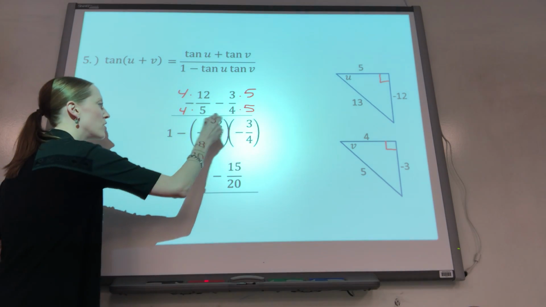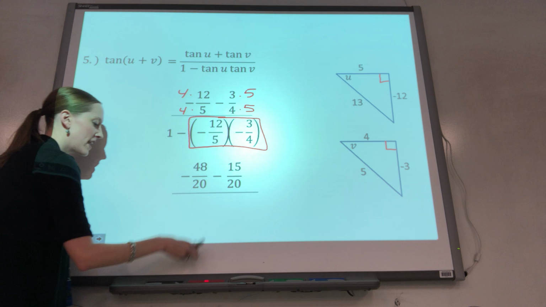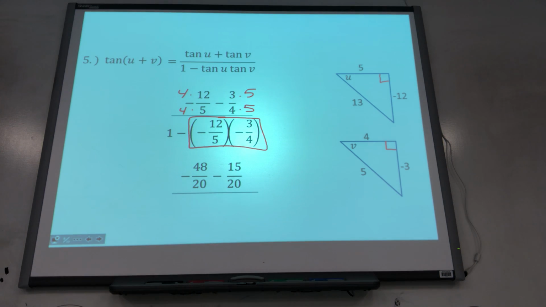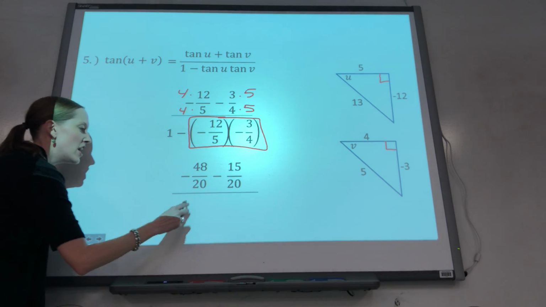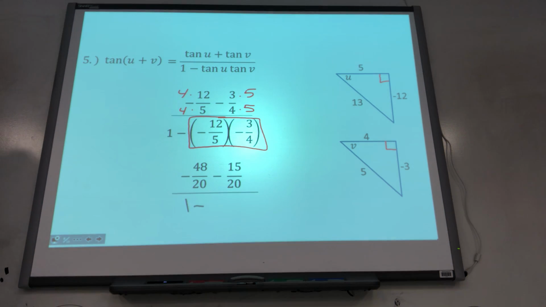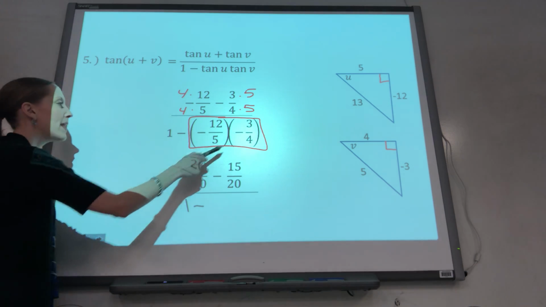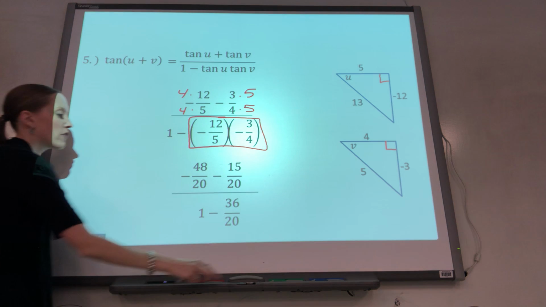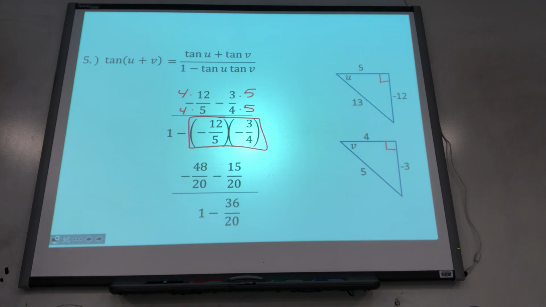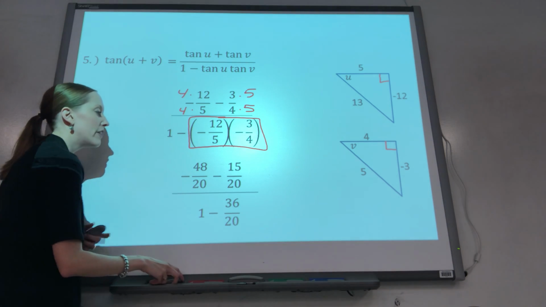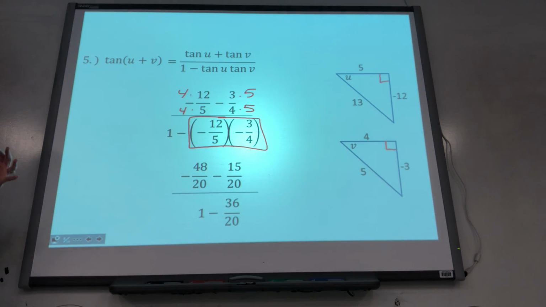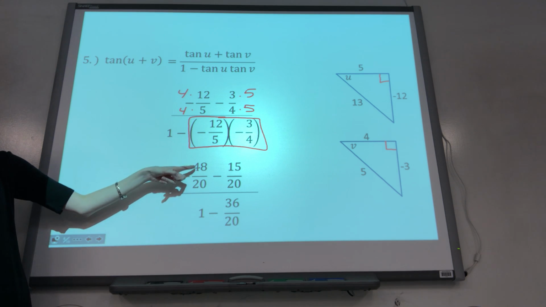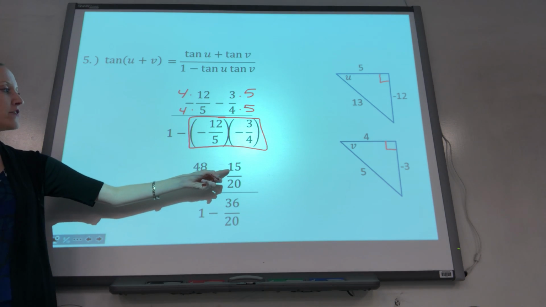Now on bottom, you really need to multiply first. So negative 12/5 times negative 3/4. You can keep the 1 minus out front. But when you multiply those out, you get 36 over 20. And there should technically be a minus in front still. Now, if you go back to the top, all you need to figure out is negative 48 minus 15.